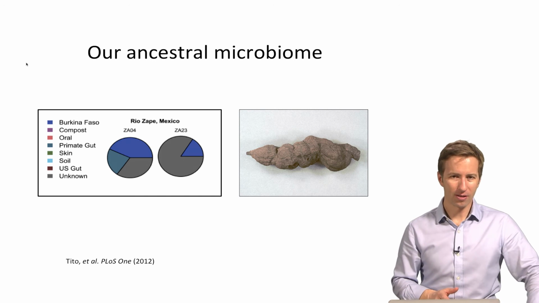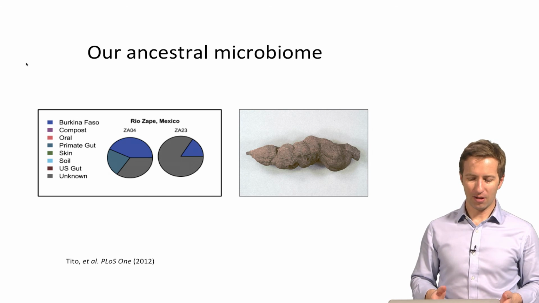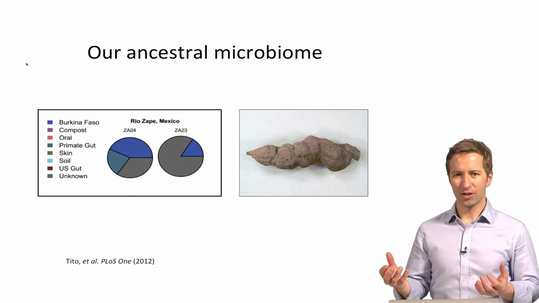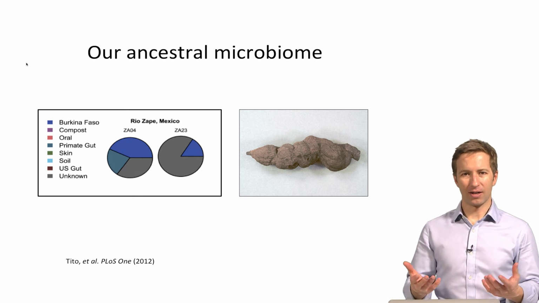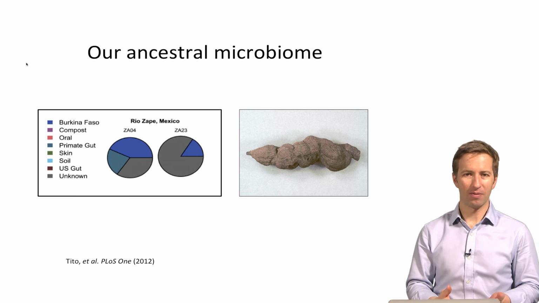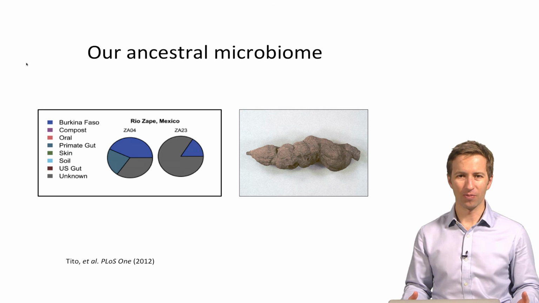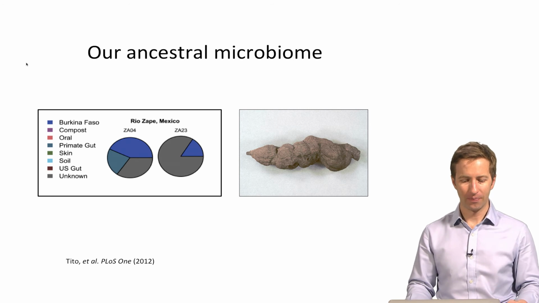What we didn't know is, did the communities in the fecal samples, these are called coprolites, did they actually resemble a gut community, or had it been invaded by a soil community, or did it have just skin contamination from the people who did the extraction, and so on.